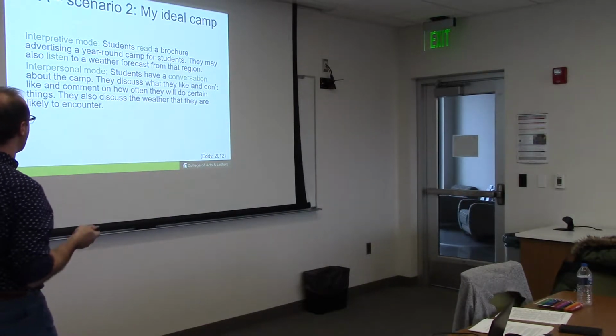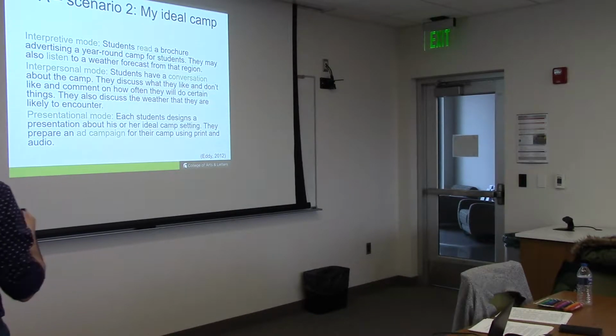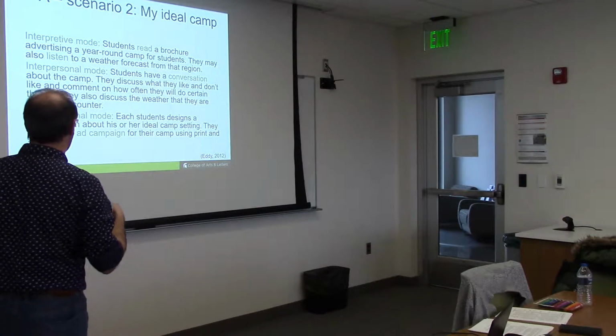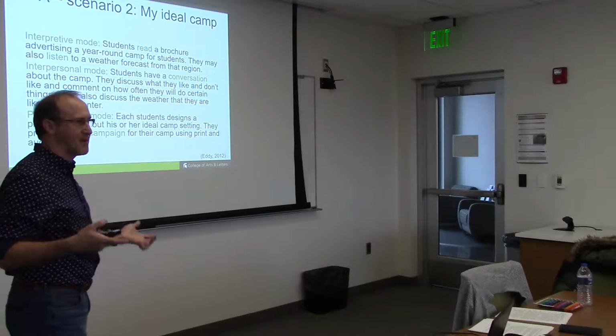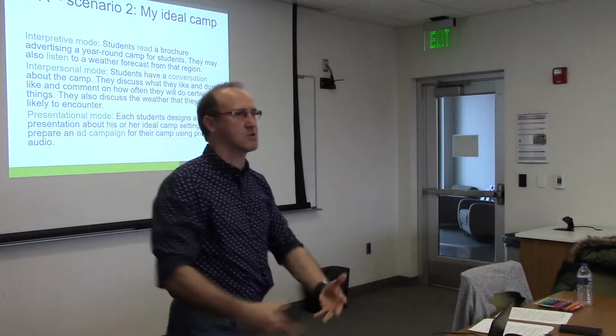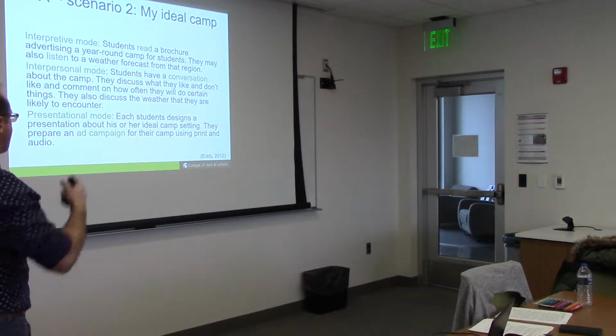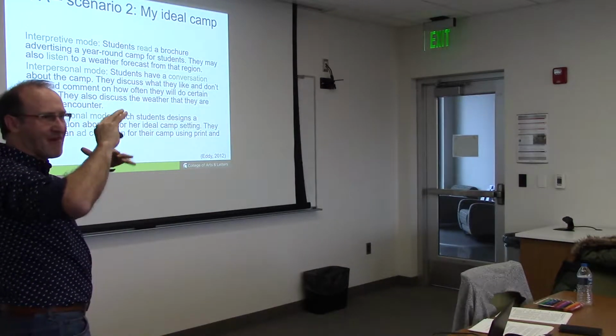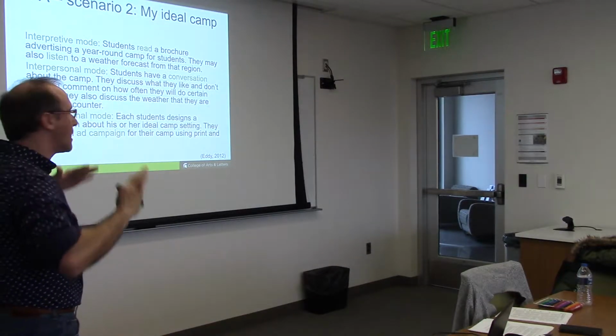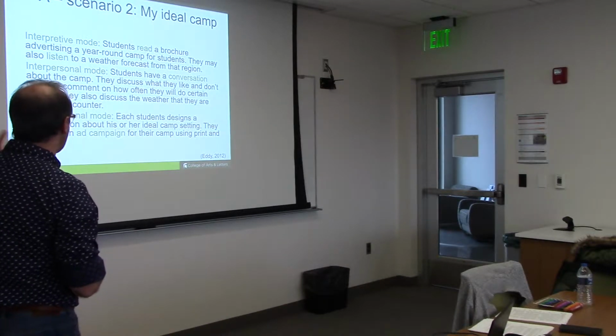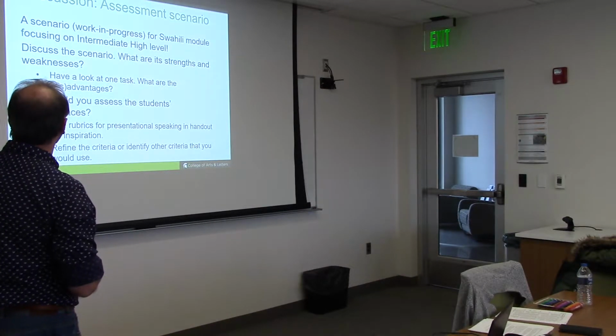They also discuss the weather in this case. And then you design a presentation and an ad campaign: I want to go to this camp and I want to convince everybody to join me going to that camp. So this is kind of the structure of how these IPAs are being conceptualized.